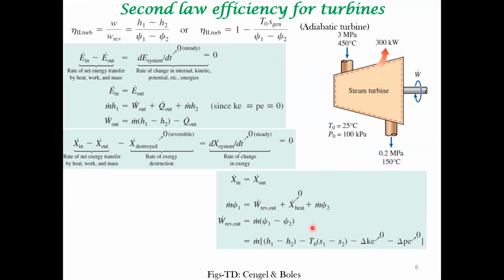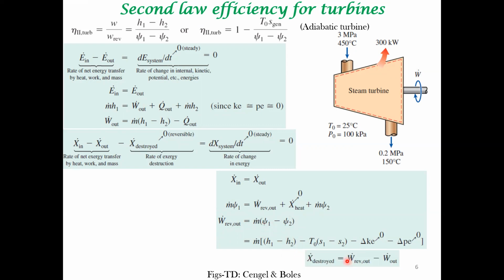Because it's a reversible operation, this term also becomes 0. So from here you can get an expression for the reversible power that can be obtained from the system. We are just implementing the exergy formula which was developed in the previous slides.